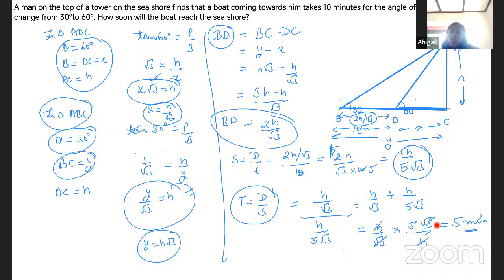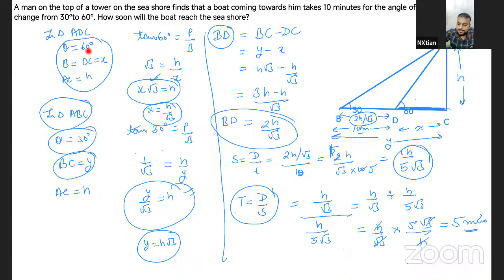How did we know the distance between D and C is H by root 3? Okay, so this is the ADC triangle, no? If the ADC triangle is there, theta is 60 degrees.